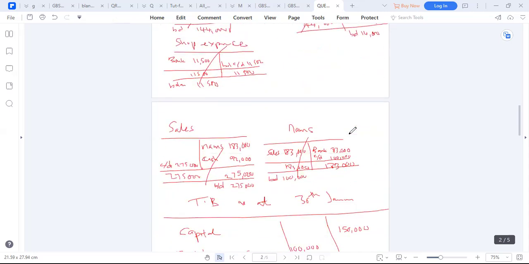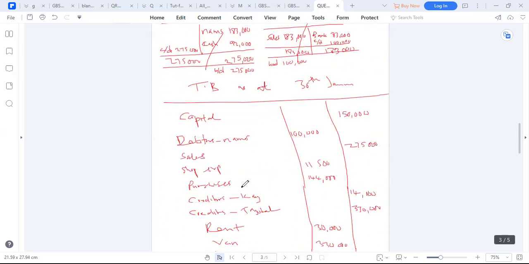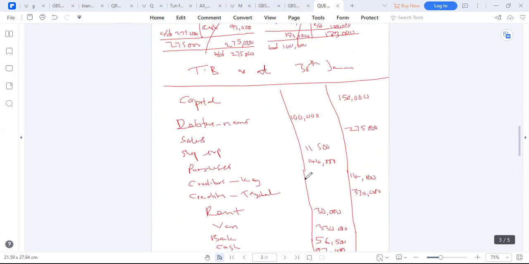When we got the trial balance, I'm seeing we wrote 275. What was the total here? Oh, there was no figure there. There was no figure, so it's fine.